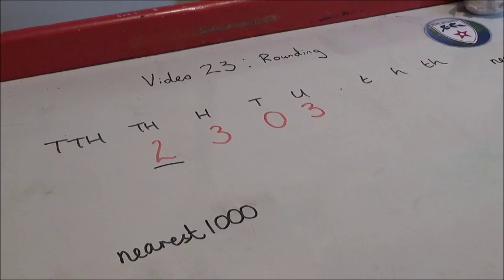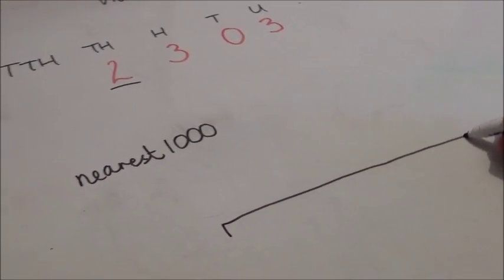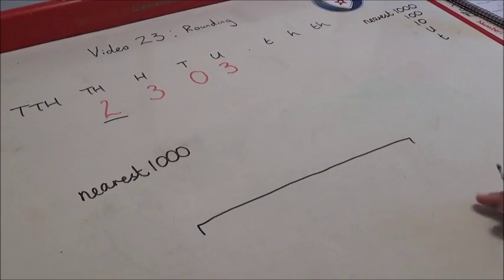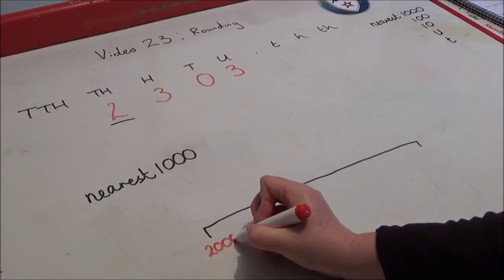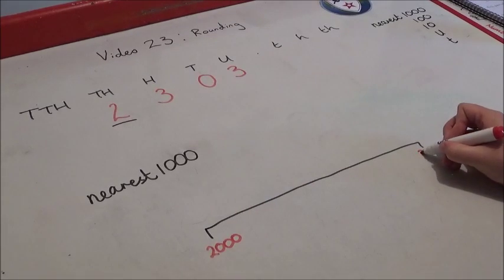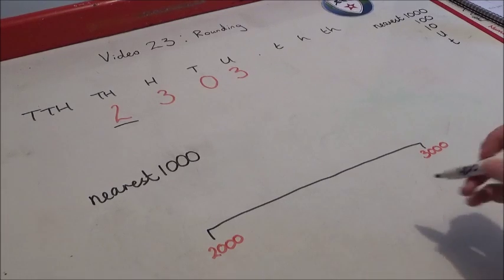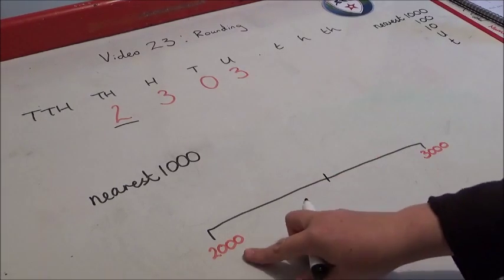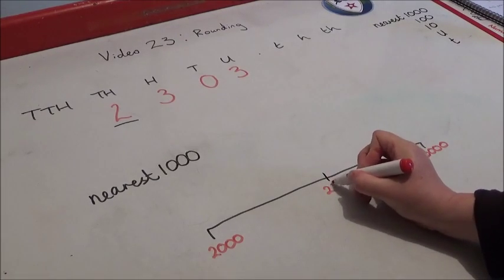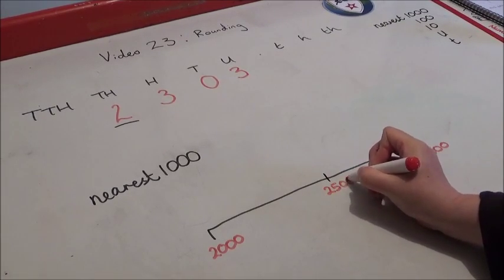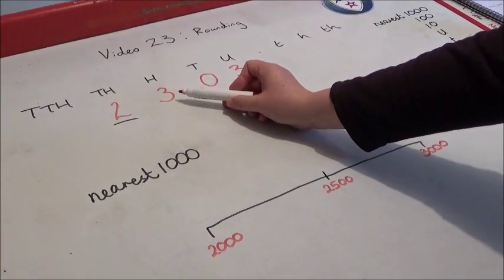The easiest way to work this out is to use a number line, where this is 2,000 and over here we've got 3,000. In the middle of our number line, between 2,000 and 3,000, we'll have 2,500. Now, our number is 2,303.